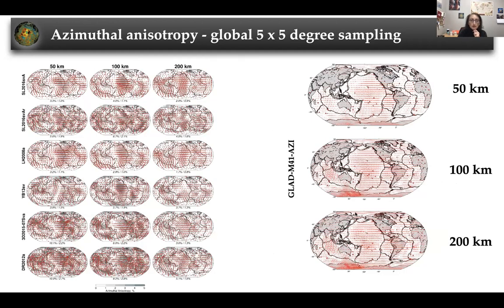And here is a very rough comparison to other models. This figure is from Schaeffer and Lebedev, a collection of different models, which shows significantly different results when you compare all these models, although the large scale features are the same. So now our model also becomes another model which agrees and disagrees in certain regions compared to other models.